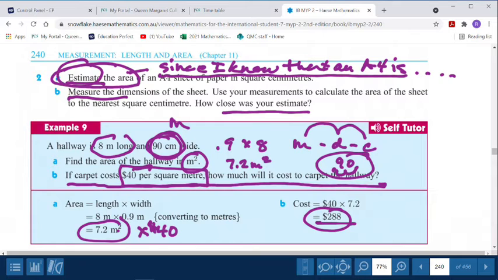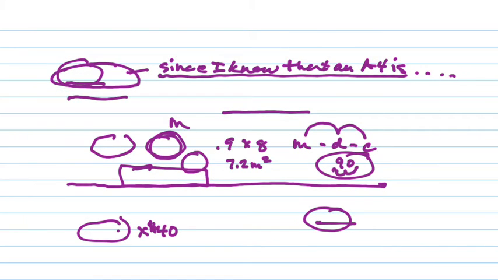Okay? And I'm going to show you why, but you do not have to demonstrate this as you do this. So think about how much we have. We have 7.2 square meters and $40 per meter. Let me show you why the meters squared is going away. Do not panic. You do not have to show this, right?